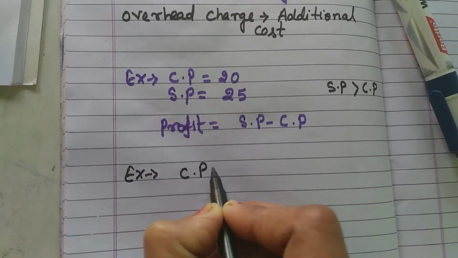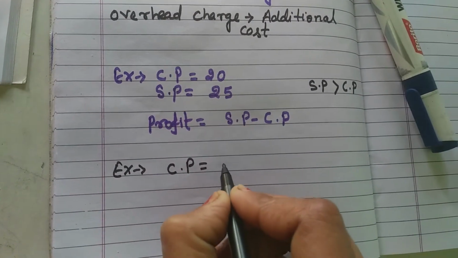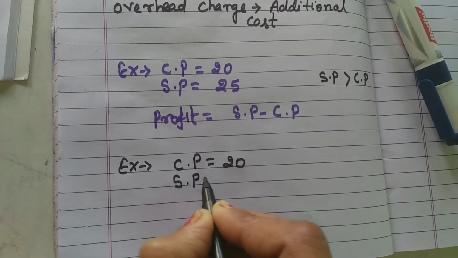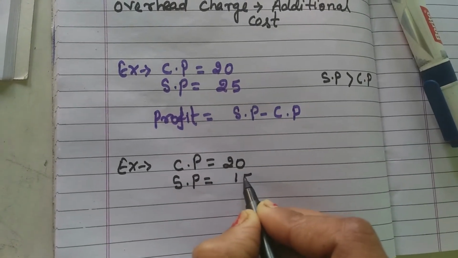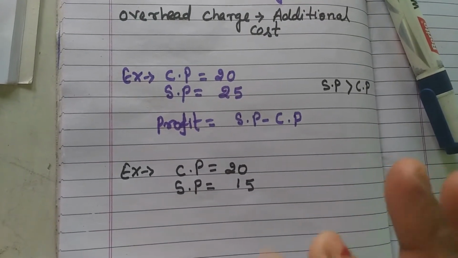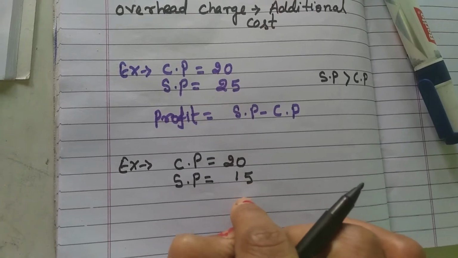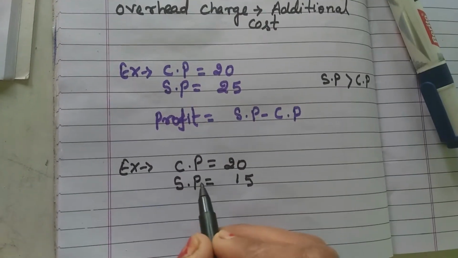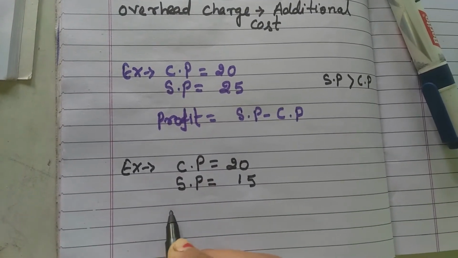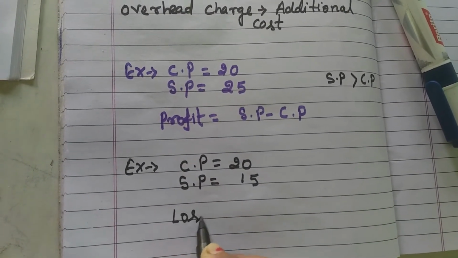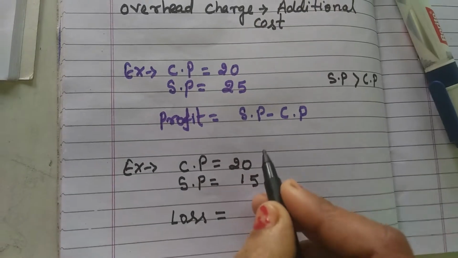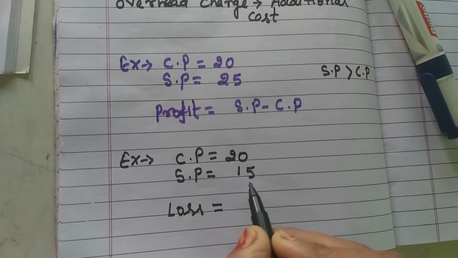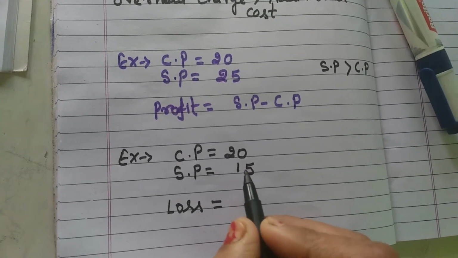CP means the cost price of this marker is 20 rupees and you are selling the same marker at 15 rupees. Clear? So in this condition you are getting loss. And how much loss are you getting here? 5 rupees loss, because you purchased at 20 rupees and are selling at 15 rupees.